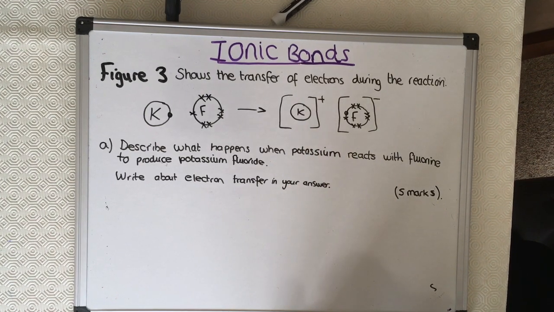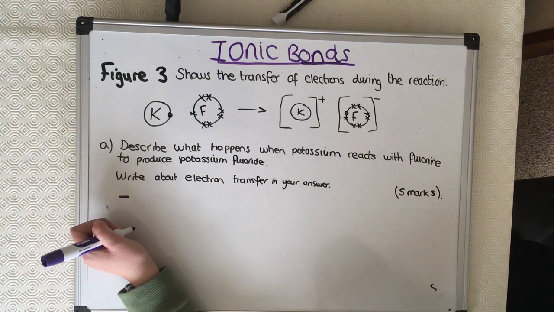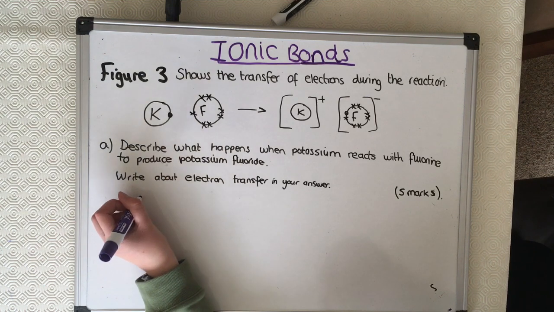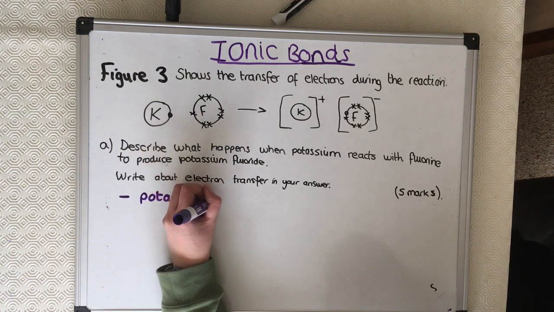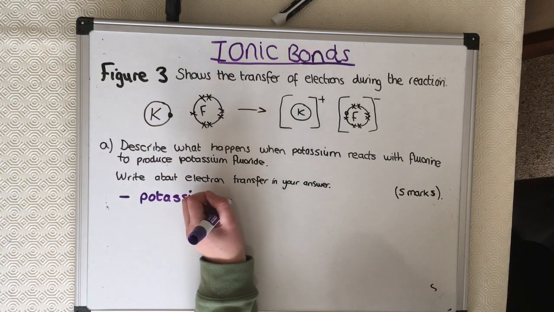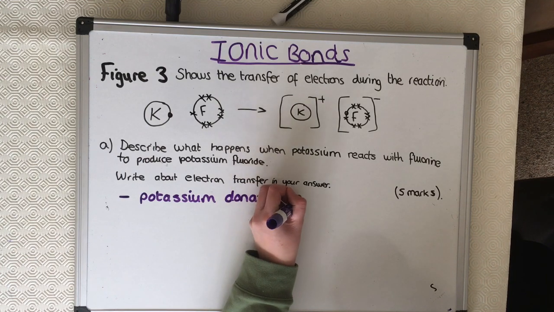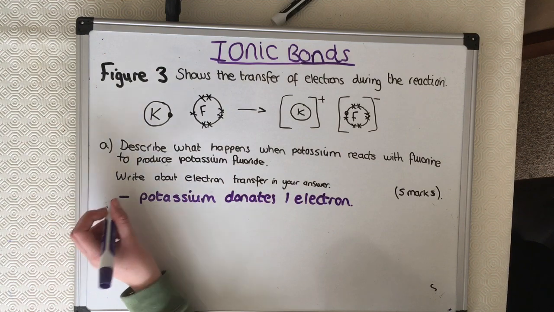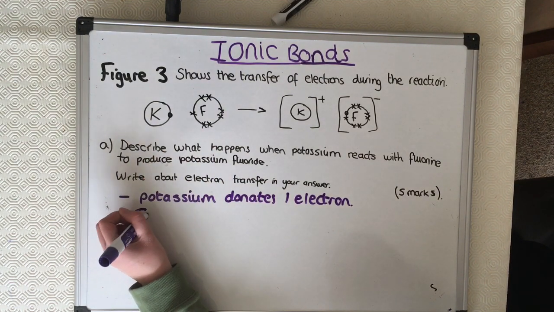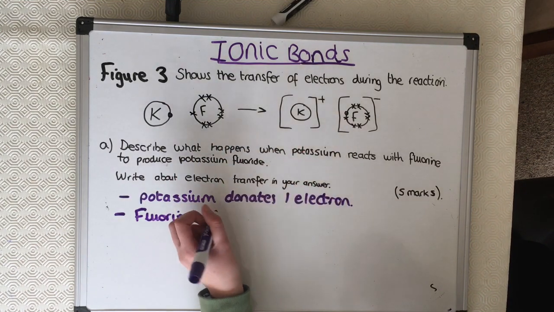So if I were to write the answer to this, you need 5 points, and I would write it as bullet points, so I'm going to write it in purple to make it clear this is what I'm writing. I would write potassium donates 1 electron or loses 1 electron, it's up to you. I would then make the second point of fluorine gains 1 electron.